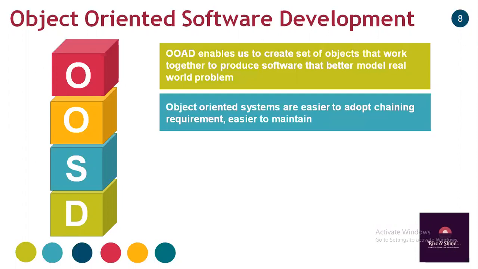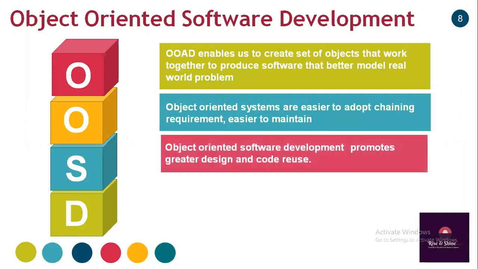Whenever there is a change in requirement from business, obviously business is changing day by day or minute by minute. So whatever systems we are developing should be adaptable to this change in requirement or change in business. Systems developed using this paradigm are ready to accept the changing requirements of business. Also, they are easy to maintain.